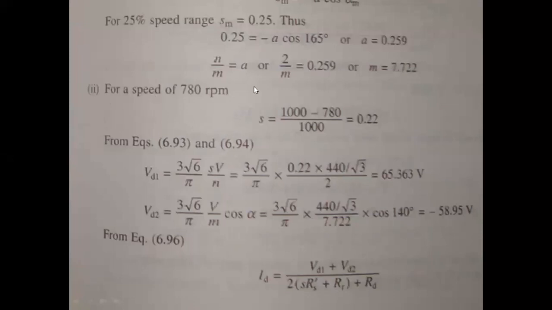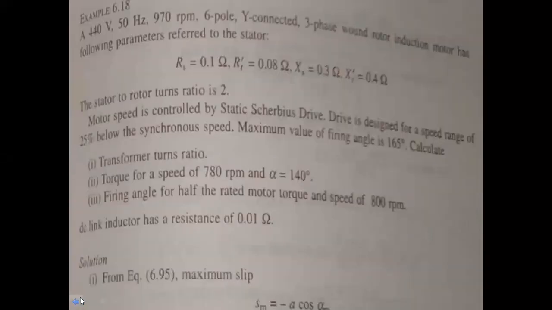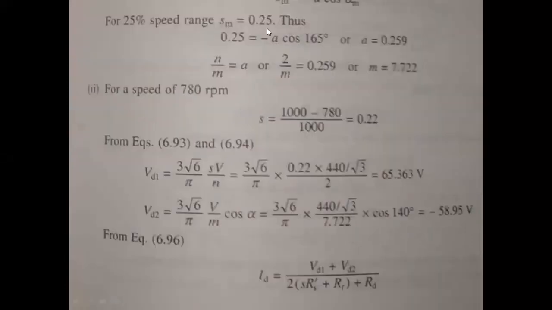Okay, so next, for speed of 780 rpm at full load torque, we have to find out torque. Torque we have to find out at a speed of 780 rpm and alpha angle 140 degrees. So for finding out the torque here, first find out the slip and voltages and the DC link current ID.